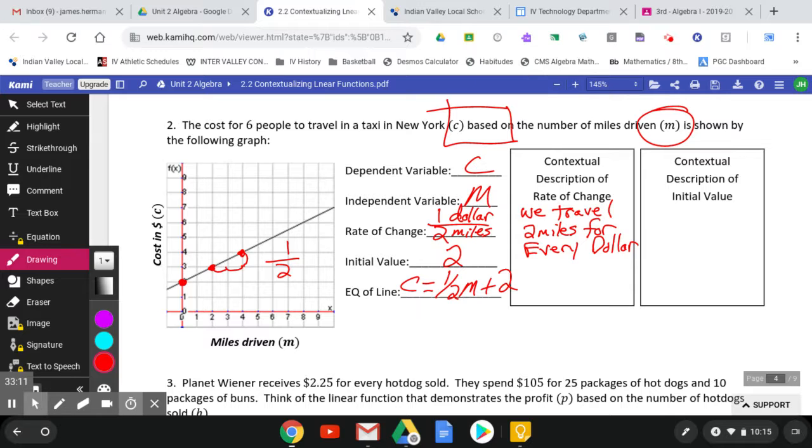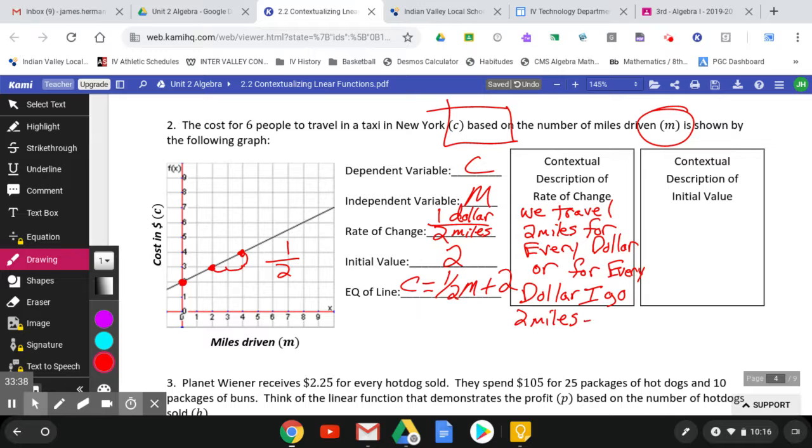But that's not rise over run, right? I want to say it another way. I get 2 miles for every $1, or, okay, for every $1, I go 2 miles. How about anybody else?